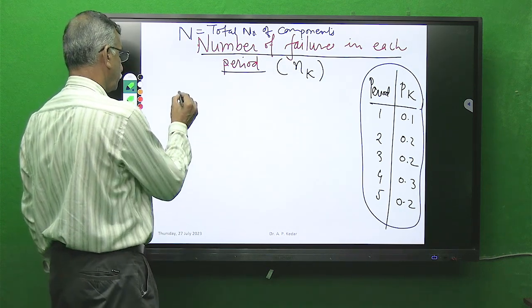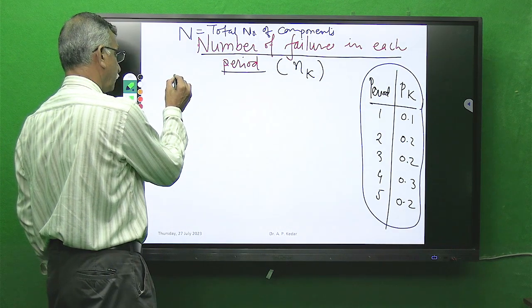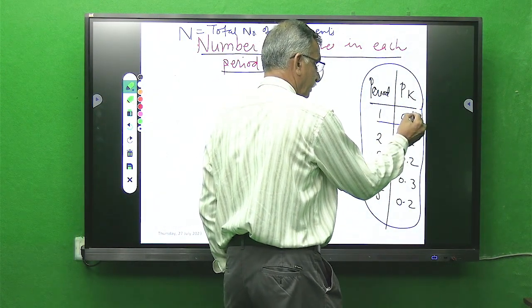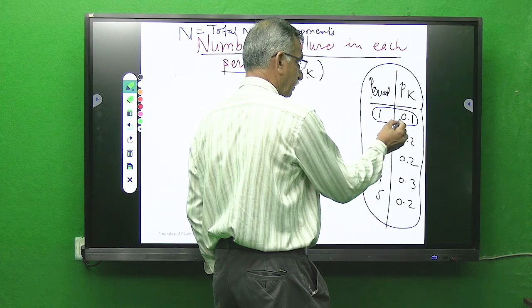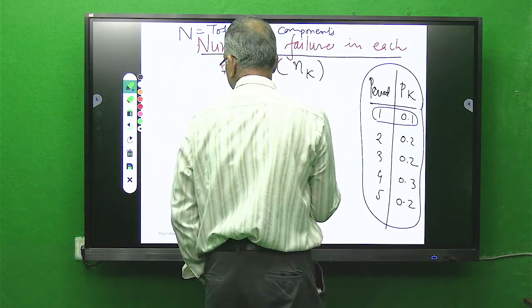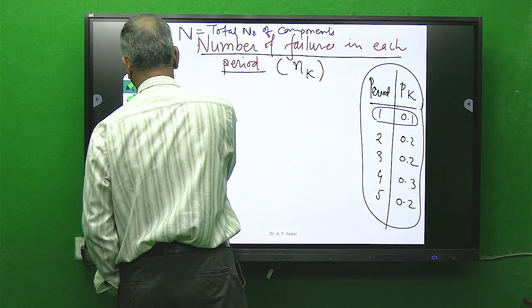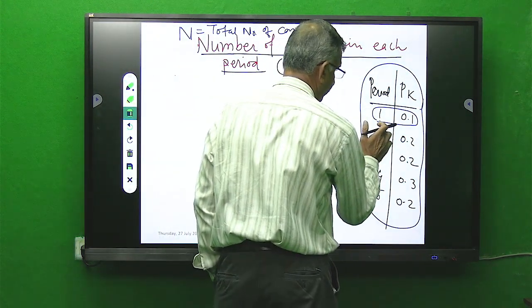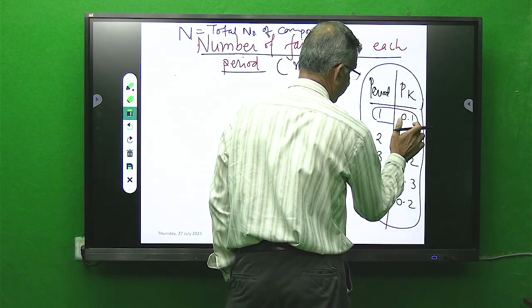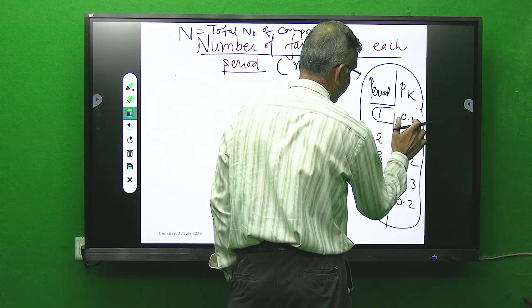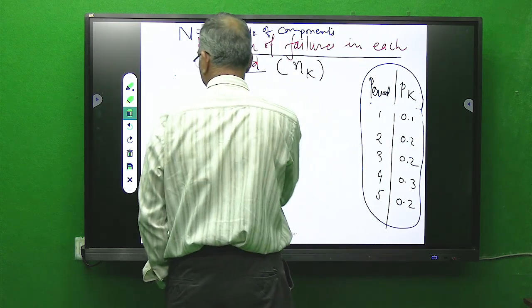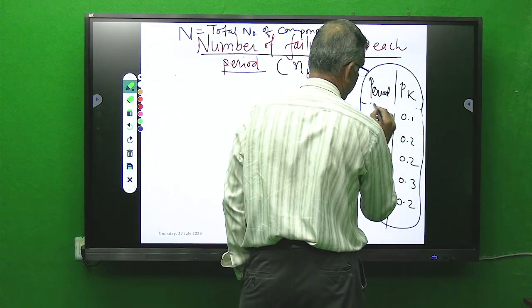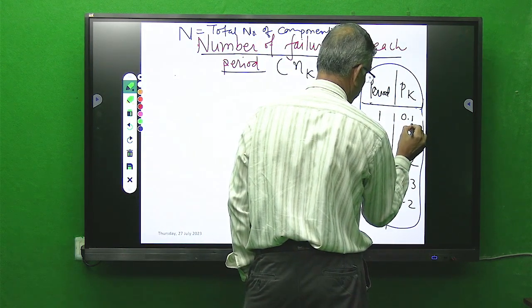We know, see, these are the probability of failure in different time periods. So I will write this, abbreviate this as, suppose I will write it as 1.1.